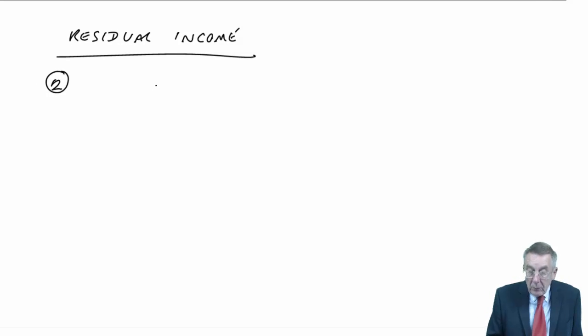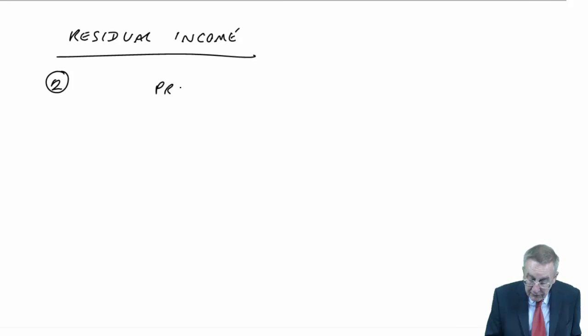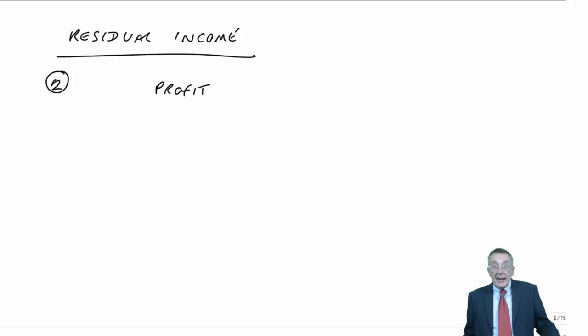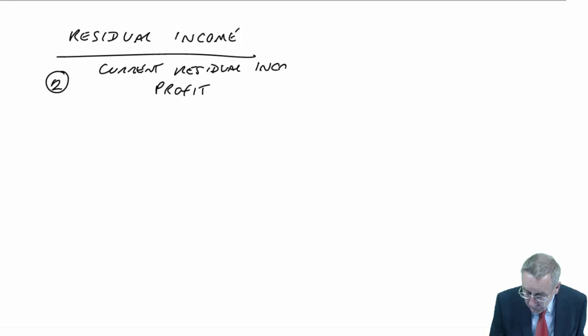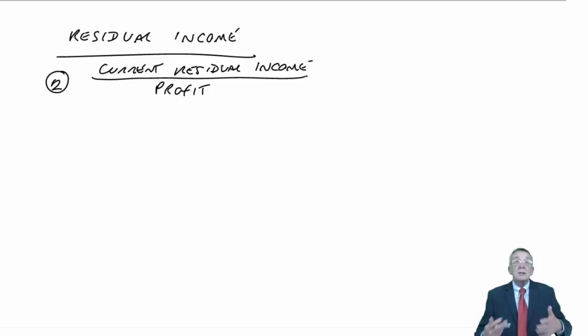With example 2, residual income, we obviously do want more profit. So we take the profit from the statement of profit and loss, you know, the ordinary accounting profit. We'll look at what the current residual income is without the investment, and then with the investment, does it improve? Would he want it or not?